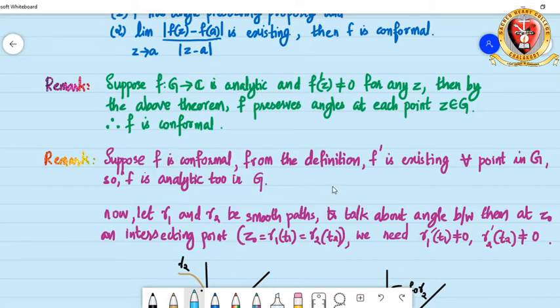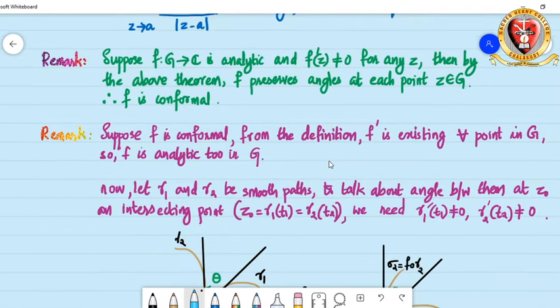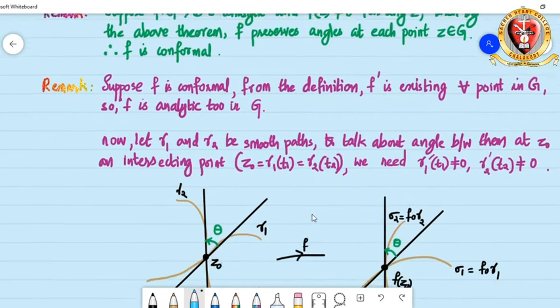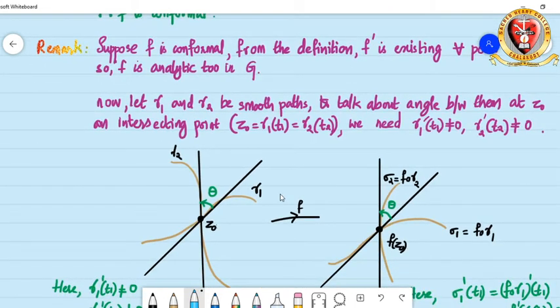Very simple. And also if f is conformal, then from the definition we know that f dash exists for every point in G. That means f is analytic also in G, and they are preserving angles. Because f is conformal, we are going to say that f dash of z naught is not equal to 0.